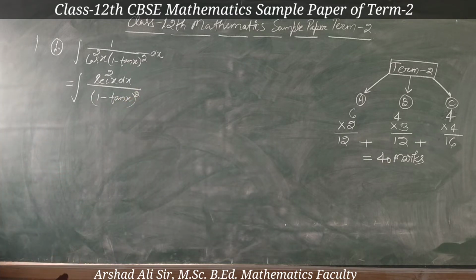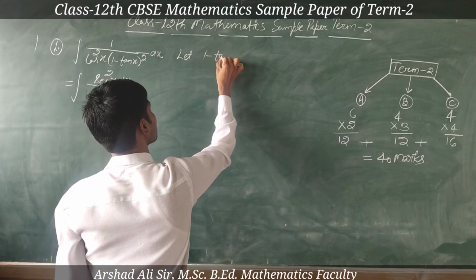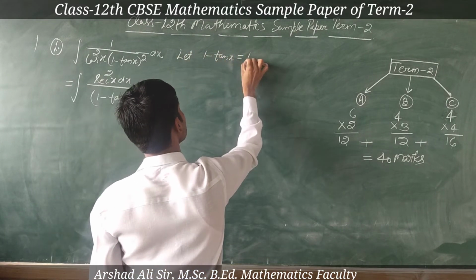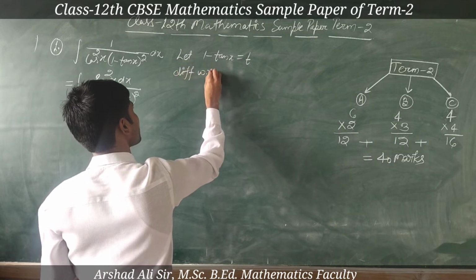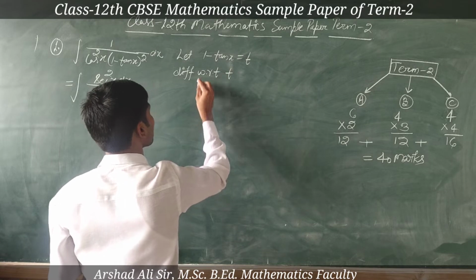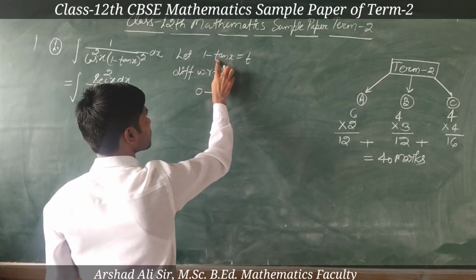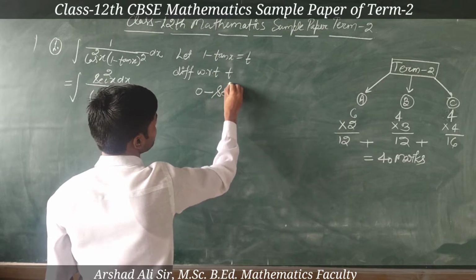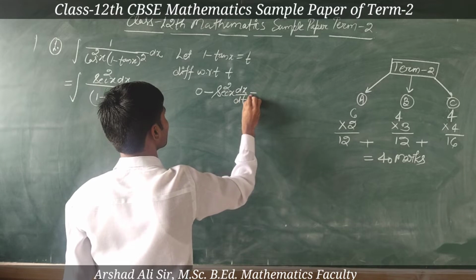Now we can let 1 minus tan x is equal to t. Now differentiate with respect to x. Differentiation of 1 is 0, minus differentiation of tan x, which is sec square x, and differentiation of x with respect to x is dx upon dt.